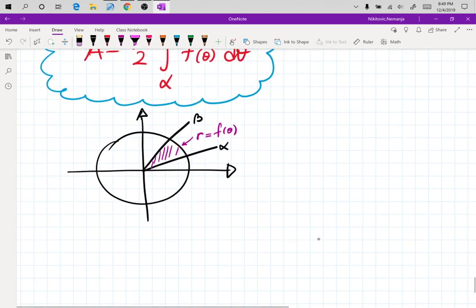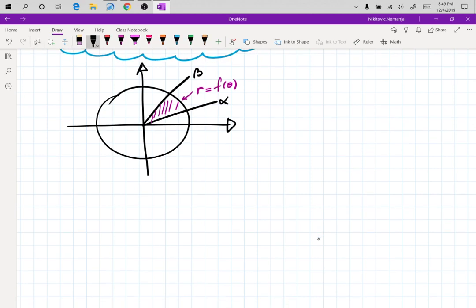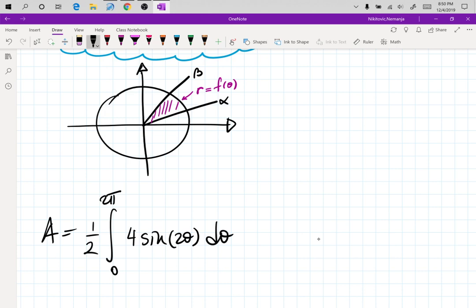So a typical integral now would be area equals 1/2 integral from 0 to 2 pi of 4 sine 2 theta, but all of this needs to be squared.